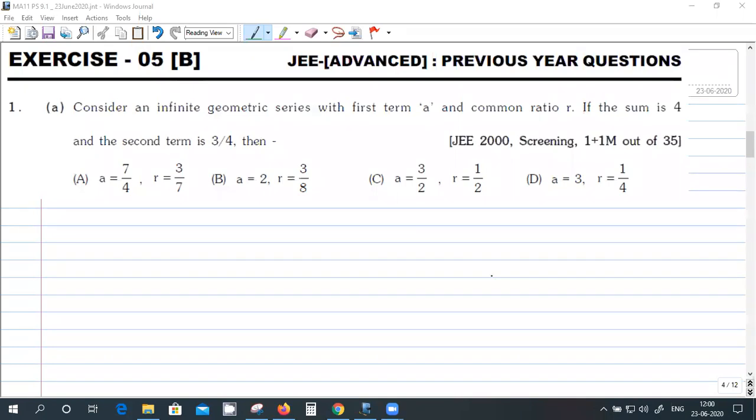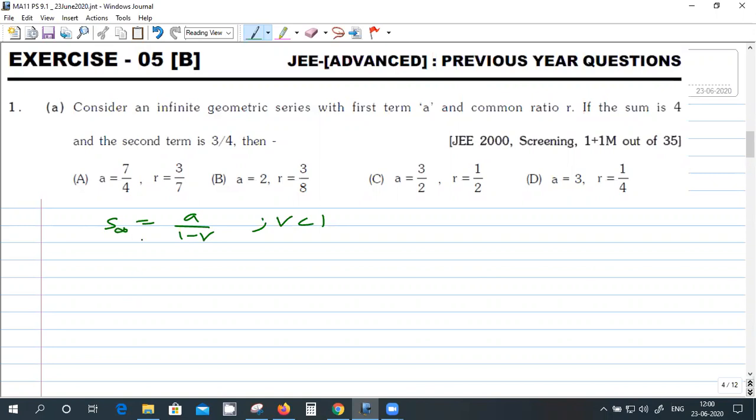The common ratio is less than 1. Yeah. So in that case, the sum of infinite terms, S infinity, is a divided by 1 minus r when r is less than 1, when r is a fraction.